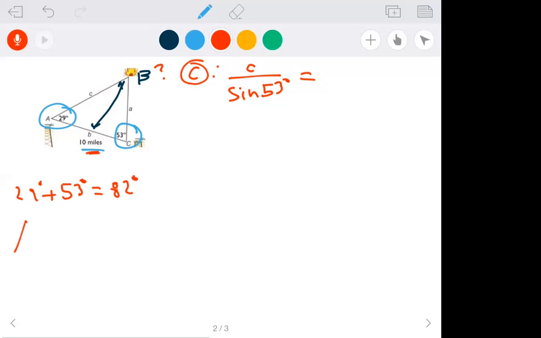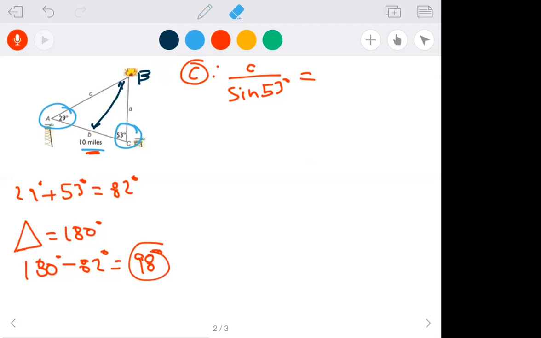And we know that a triangle adds up to 180 degrees in total. So if I do 180 minus 82 degrees, that is going to give me a 98-degree angle. So angle B is no longer unknown. Angle B is now going to be 98 degrees.